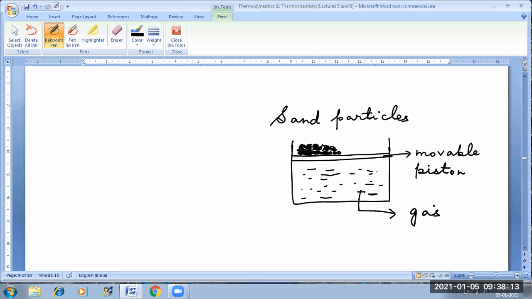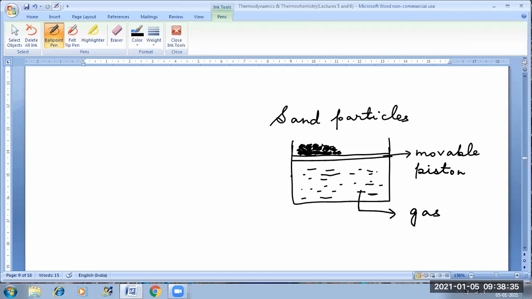So this is my system. What is my system? My system is the gas particles, or the entire gas which is present inside the cylinder. The gas present inside the cylinder is my system.